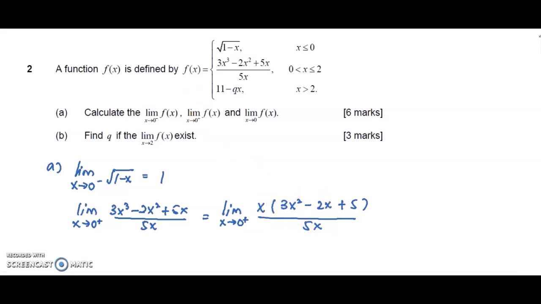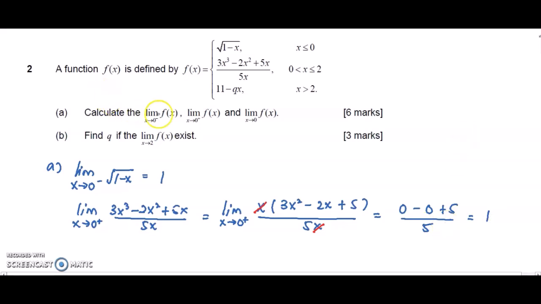After we have factorized, we can see that the x can be cancelled off. Once the x cancels off, you can directly substitute the 0 inside the function. You get 0 minus 0 plus 5 over 5. Finally, we have 5 divided by 5, which is equivalent to 1.